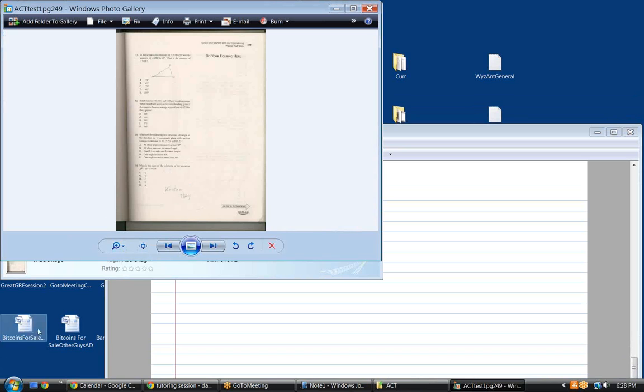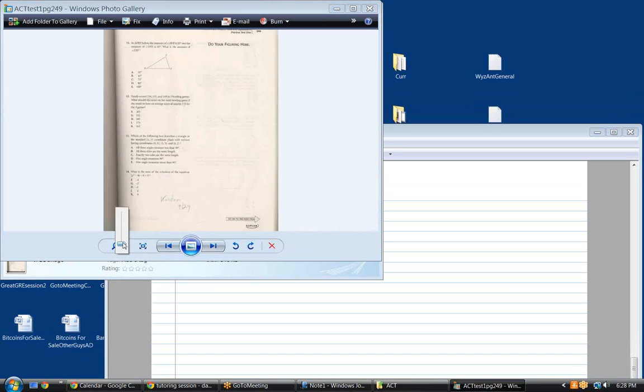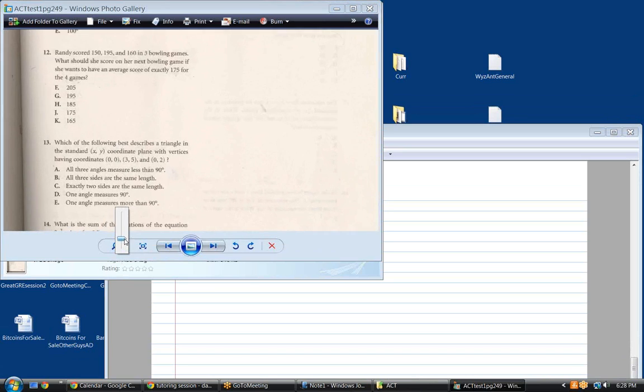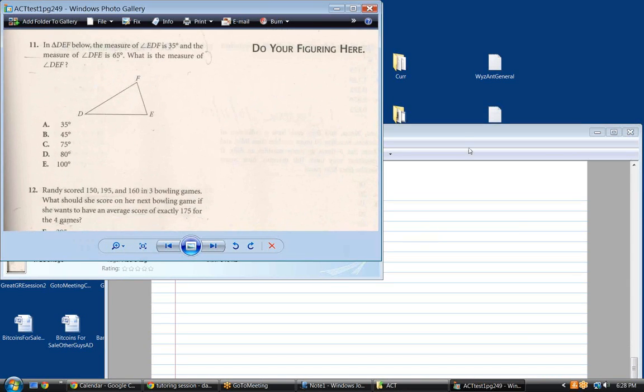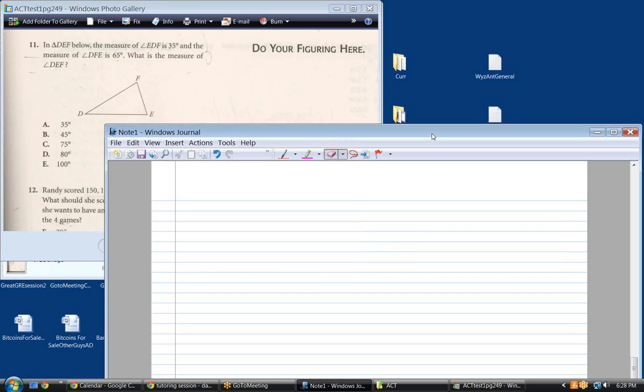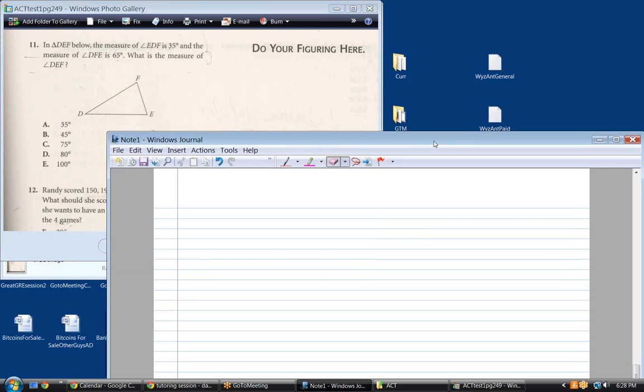All right. We don't have much time left, but maybe time for one more, and it's a geometry problem. How appropriate. Number 11. This angle here is 35 degrees, and this angle here is 65 degrees.